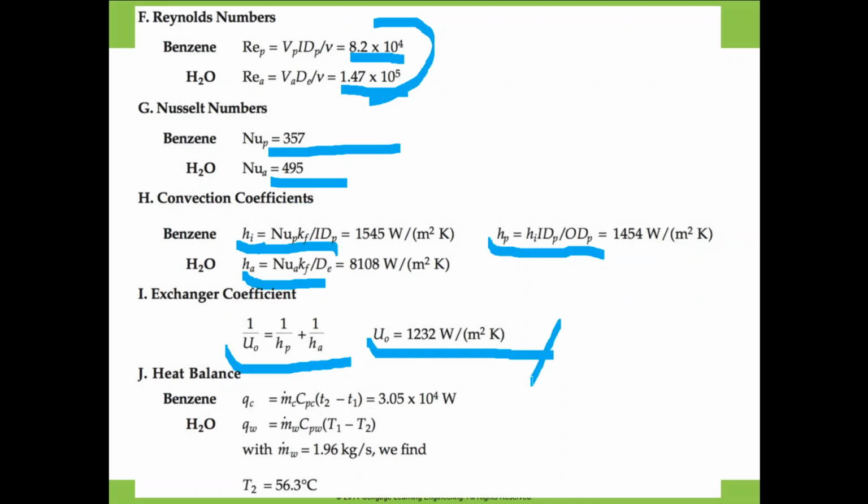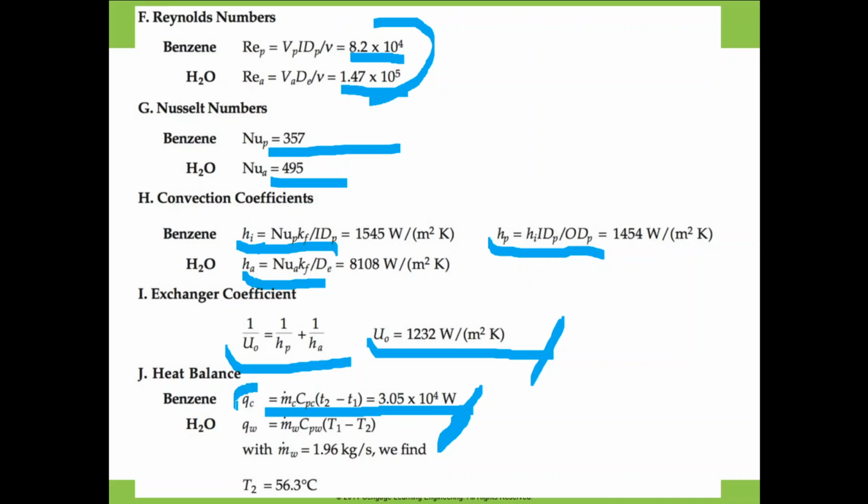So now we have the overall heat transfer coefficient, and then we can do the heat balance. We have the two temperatures T2 and T1. This is for benzene, and the same Q is equal to Q_W.